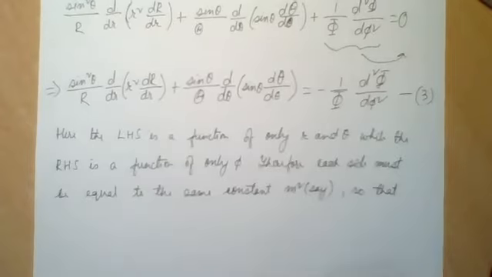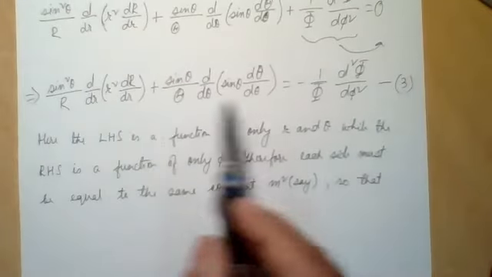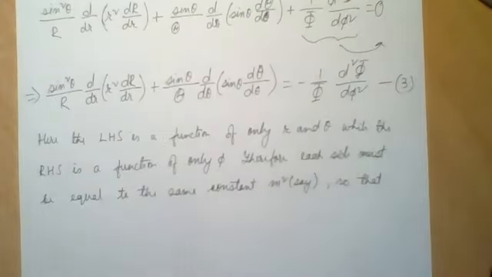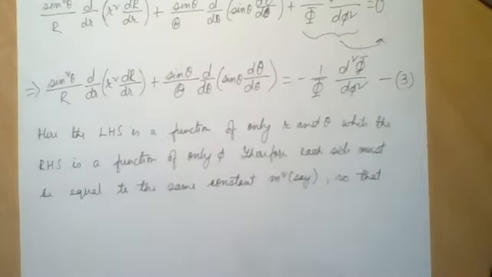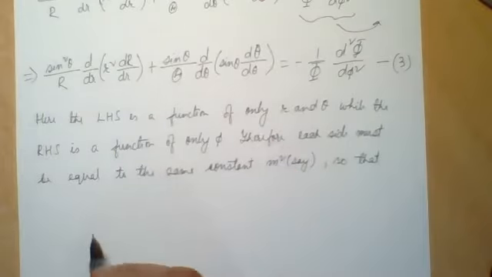So we'll get two equations. That is, this left hand side equal to m square and this right hand side equal to m square. So let us write down the first equation.